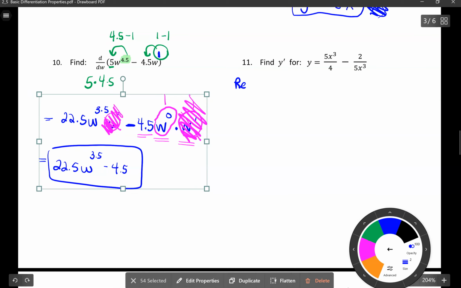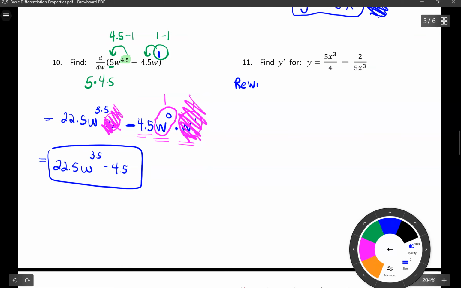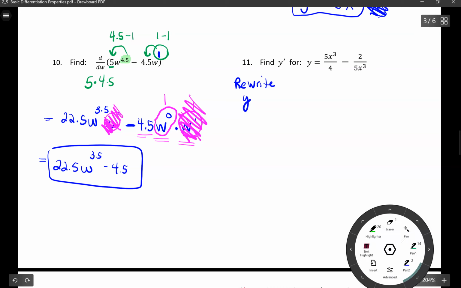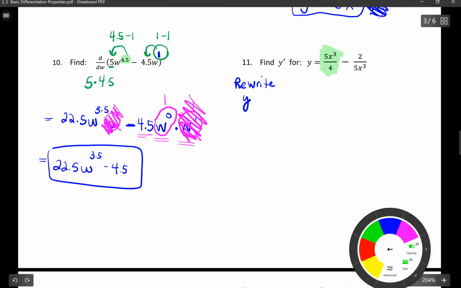I need to rewrite y. Okay. So let's take a look at this first term here. Here's my base. It has a constant exponent. It's in the numerator. All of that is fine. If it helps, you can rewrite it like this.